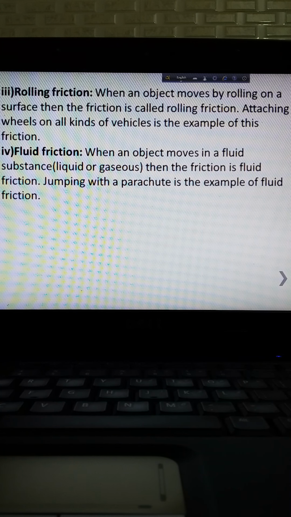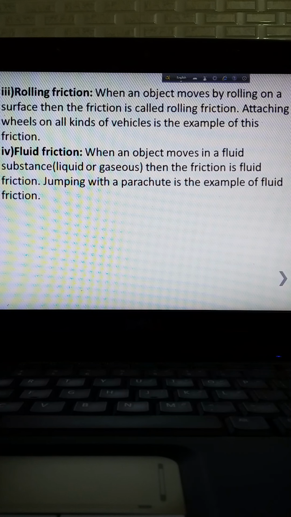The fourth one is fluid friction. As we know, there are two types of fluid. One is liquid and another is in gaseous form. When an object moves in a fluid substance, then the friction is fluid friction. From the name, we can say that this friction happens in fluid.